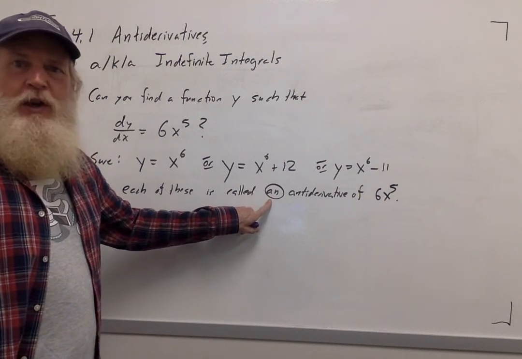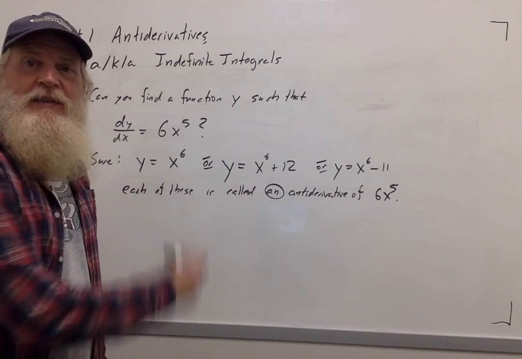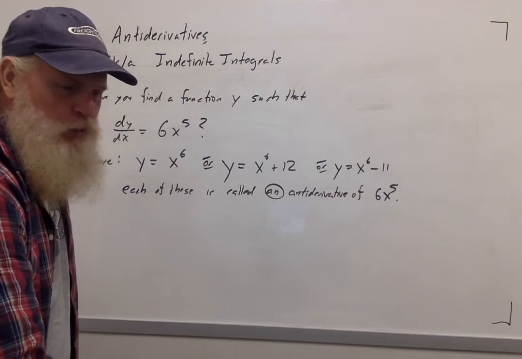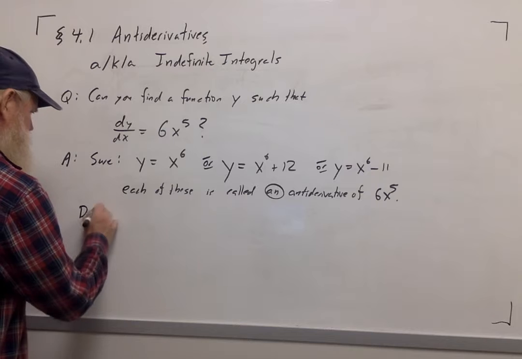Notice that we're using the article a rather than the. We don't say the antiderivative necessarily, since there are lots of different possibilities. Each one is just one of many. So that leads to this definition.